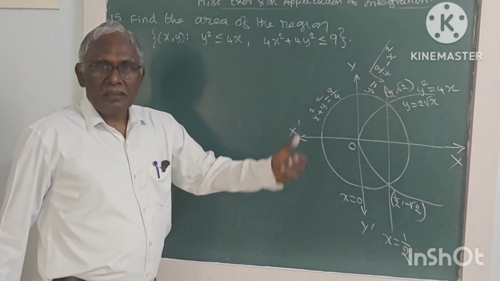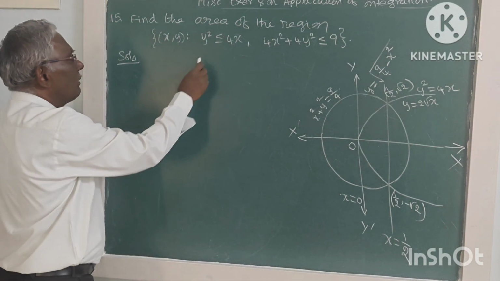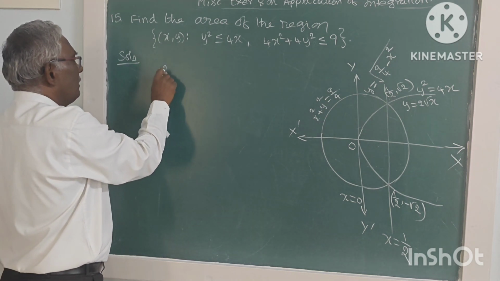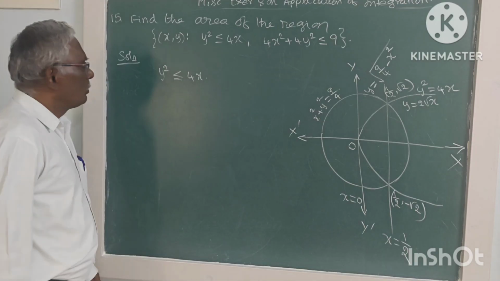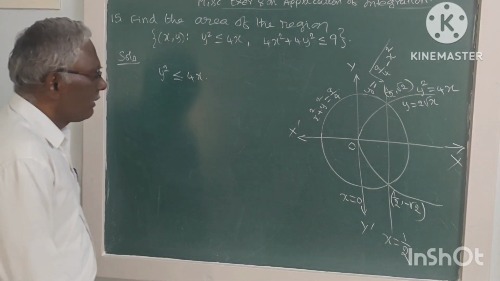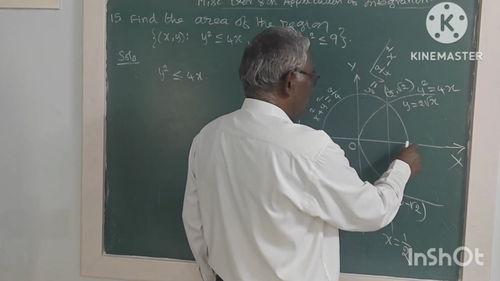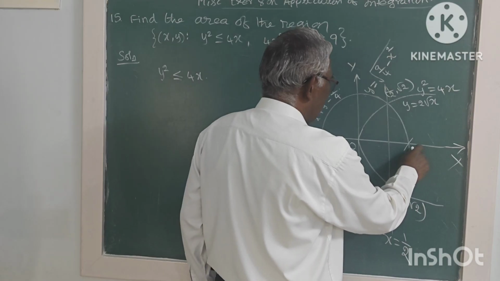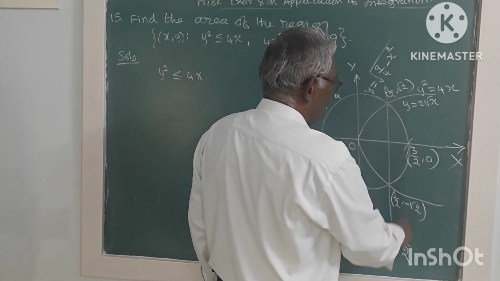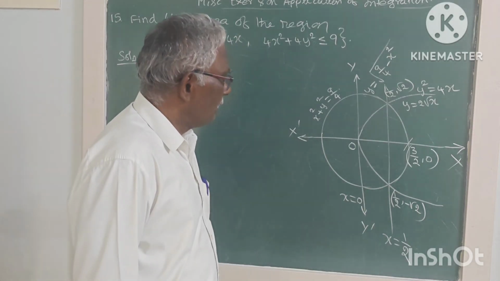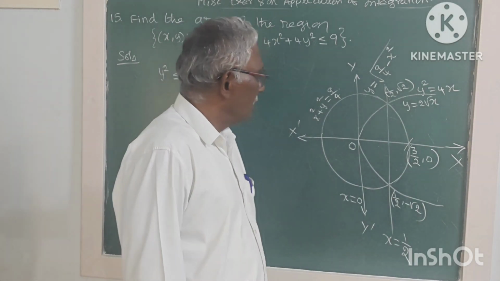Now y² less than or equal to 4x is the region inside the parabola. This point is (3/2, 0) because the radius of the circle is 3/2 units.